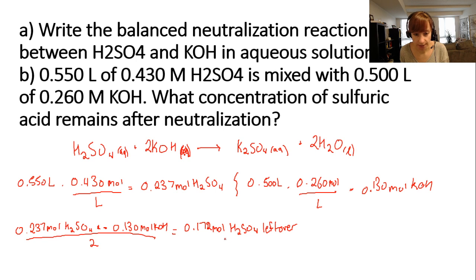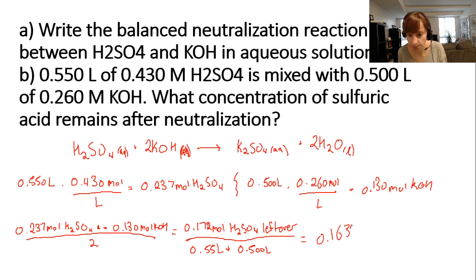So how we're going to do that is we have 0.172 moles, and we're going to add the amount of liquid we mixed together in the pot, because in the question it said that we added 0.55 liters of sulfuric acid and 0.5 liters of KOH, to get the total molarity of the solution. So then we have 0.1633 molar H2SO4 left over.